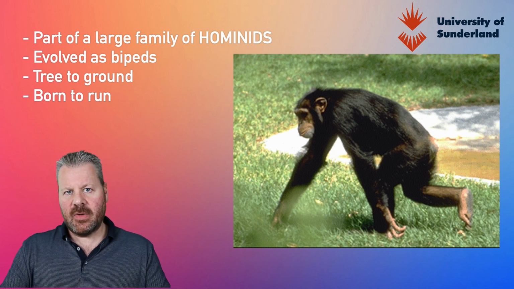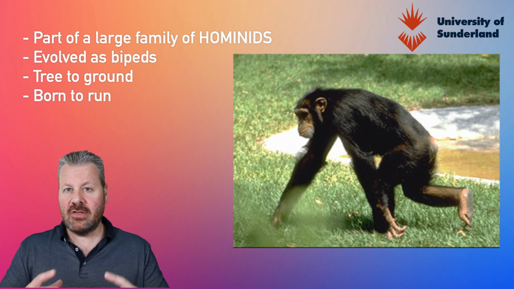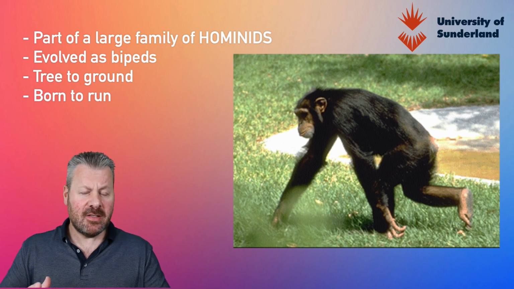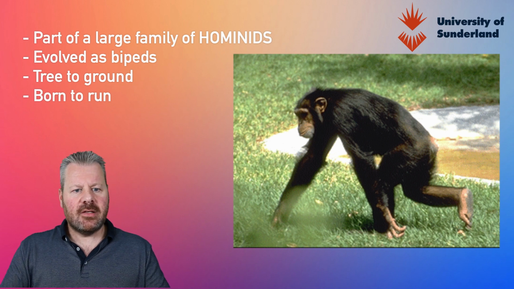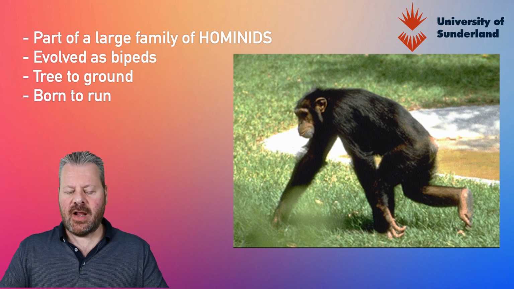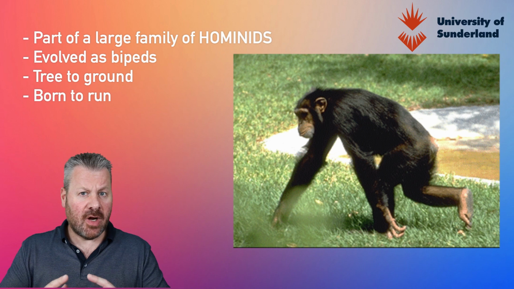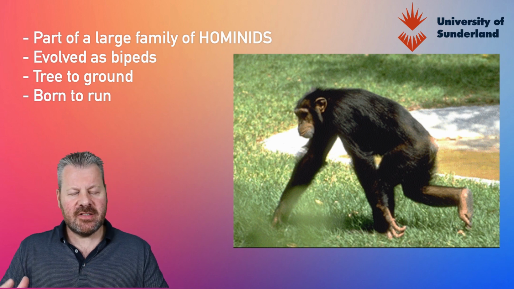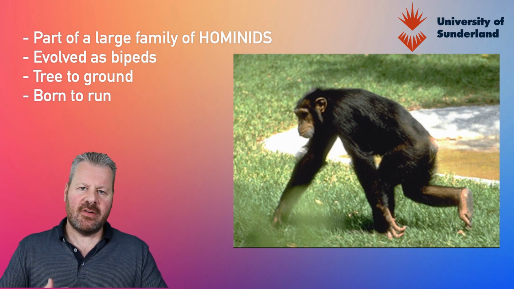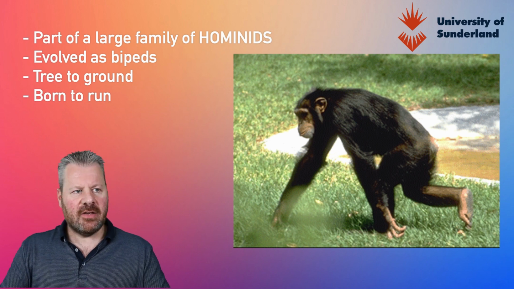In fact, we probably started in the trees as brachiating primates. So we were arboreal creatures that lived in the trees. And we eventually took to the ground, perhaps as the forests shrank and the savanna plains increased. It became increasingly necessary for us to negotiate that kind of environment.